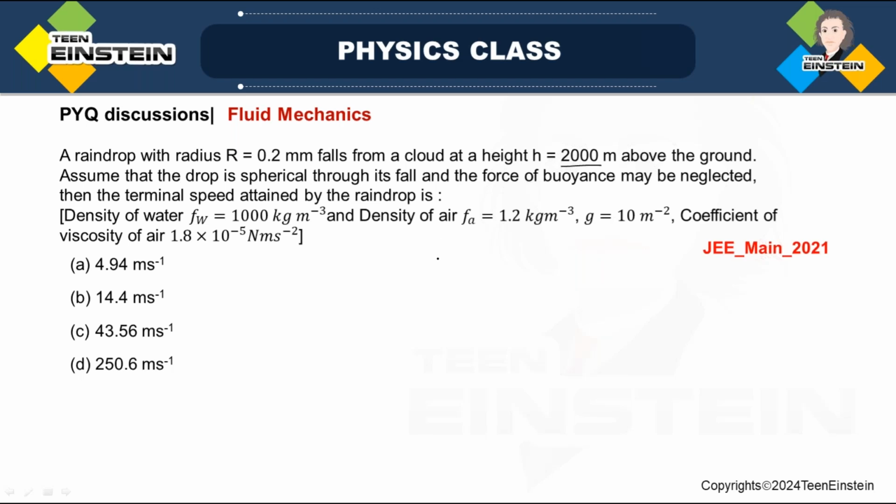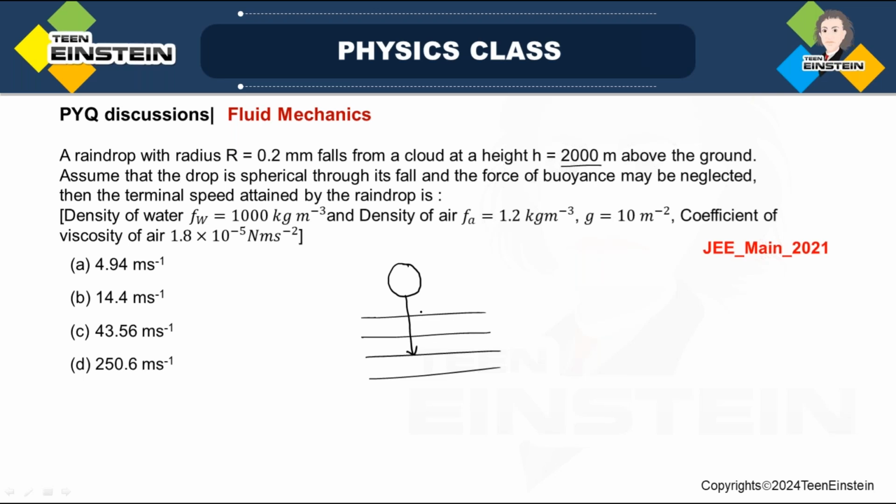Okay, so here we have to understand one point. When a raindrop falls through different layers of atmosphere, you know, this is a fluid. So when it falls through different layers of atmosphere, then it actually feels resistance due to the viscosity as well as buoyant force.